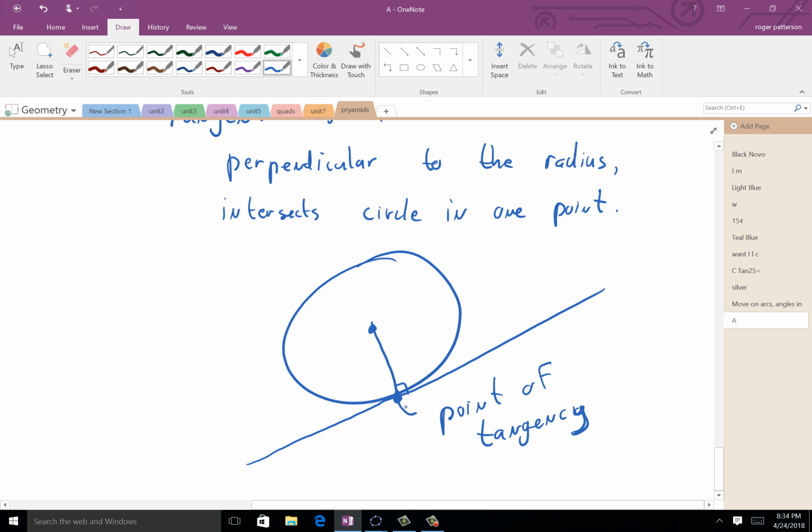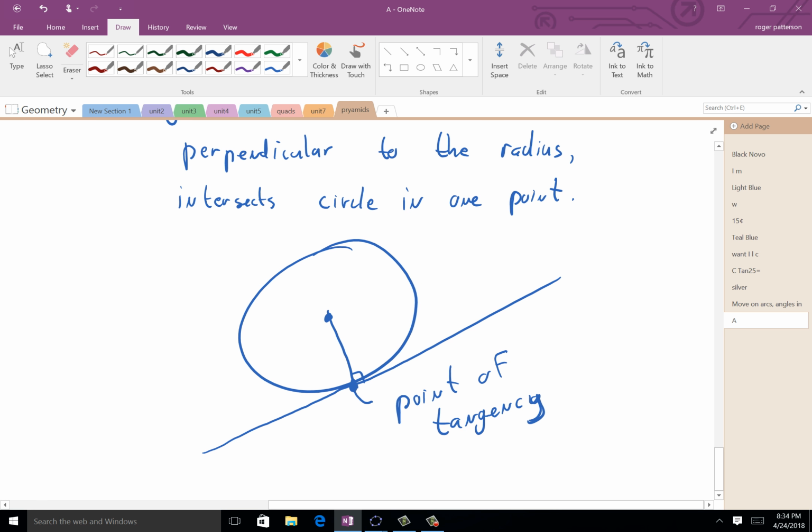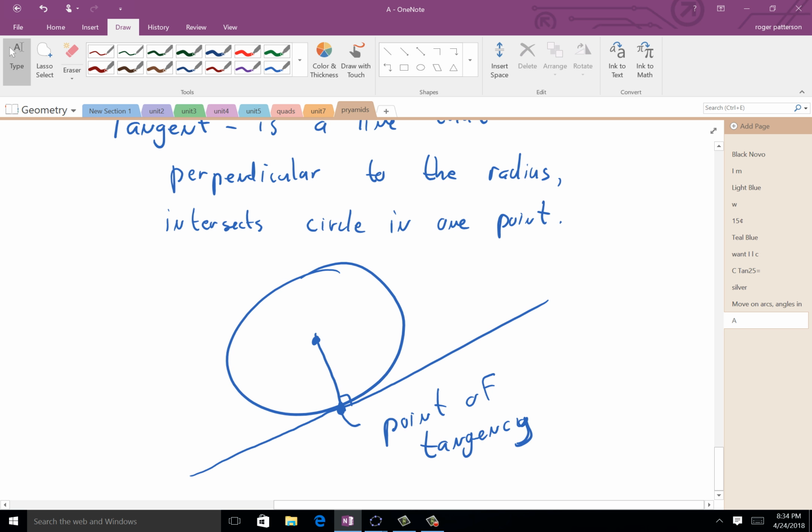It's a kind of complicated construction to really go through, so we're not going to, but it is there, and this whole opposite over adjacent thing came from a construction that had to do with tangents and circles, and that's exactly where tangent came from. Okay. So a tangent is a line that is perpendicular to the radius and intersects a circle in one point. All right. So there's my point of tangency.